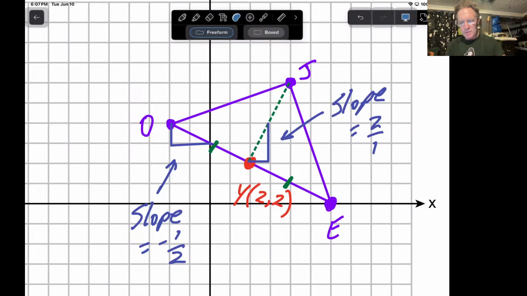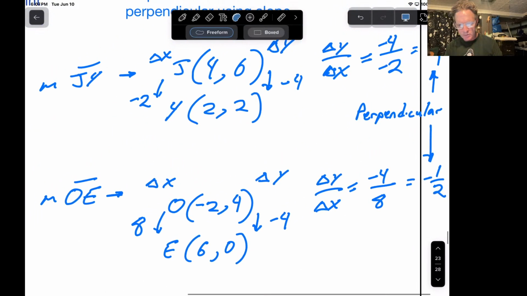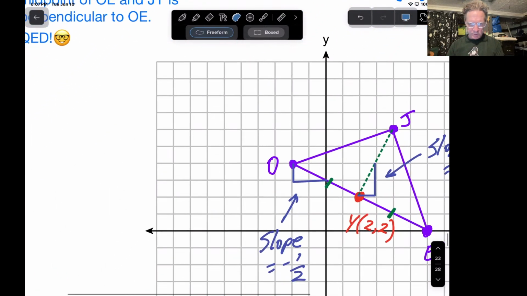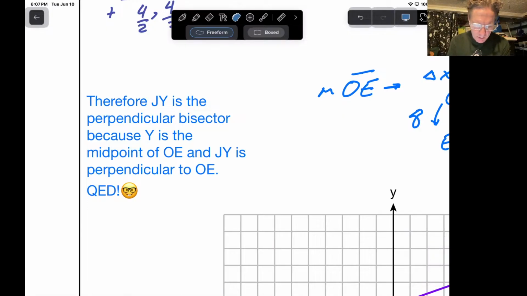So yes, they're opposite reciprocal slopes, and I showed my work up here. I even calculated the slopes. So I did all of that work, showed that they're perpendicular, and therefore, concluding statement, JY is the perpendicular bisector of OE because Y is the midpoint of OE and JY is perpendicular to OE. QED, quod erat demonstrandum. I proved what I meant to prove.